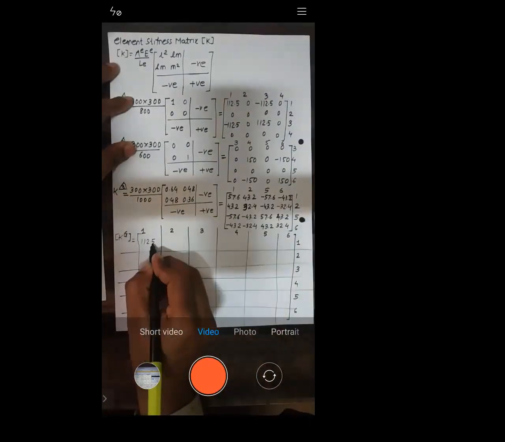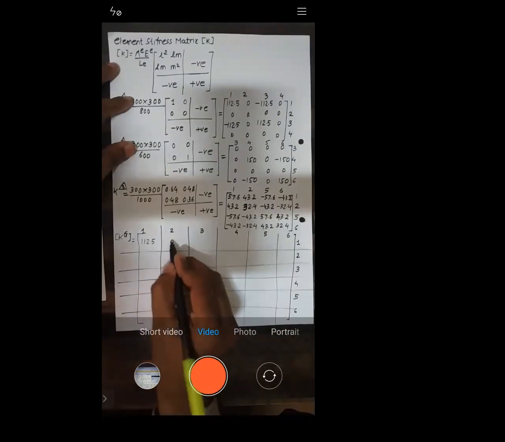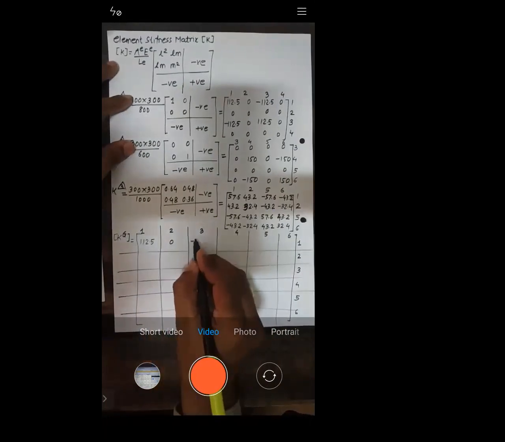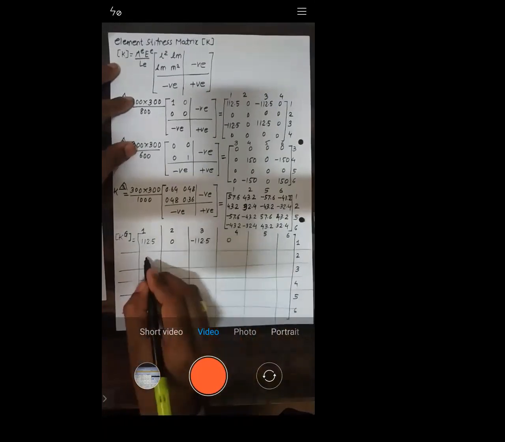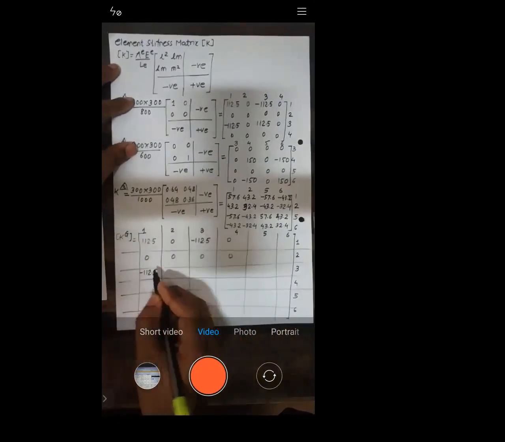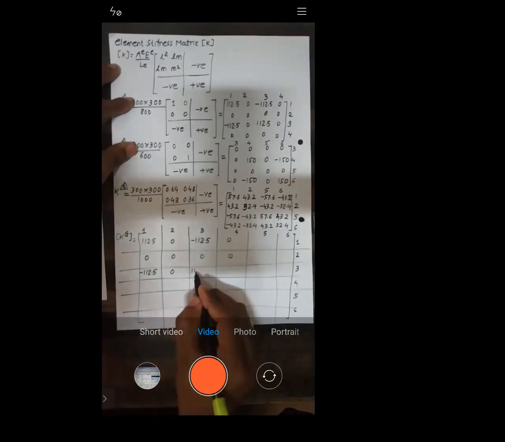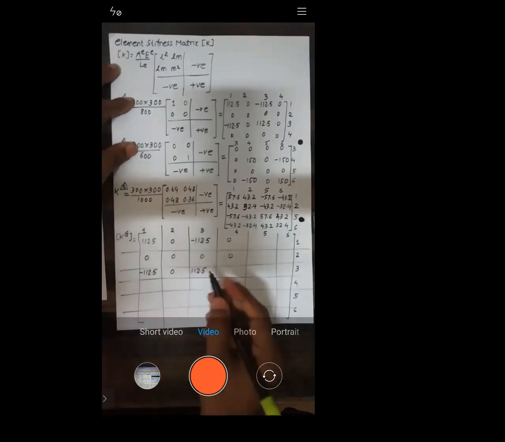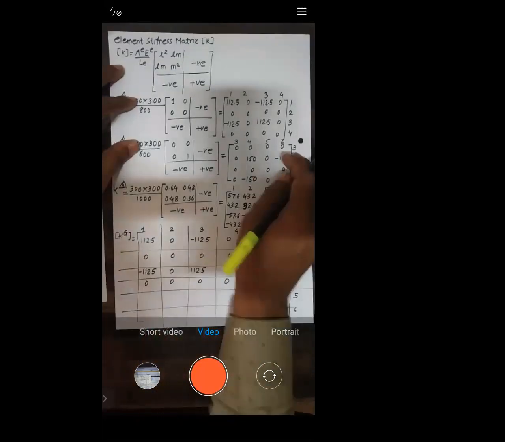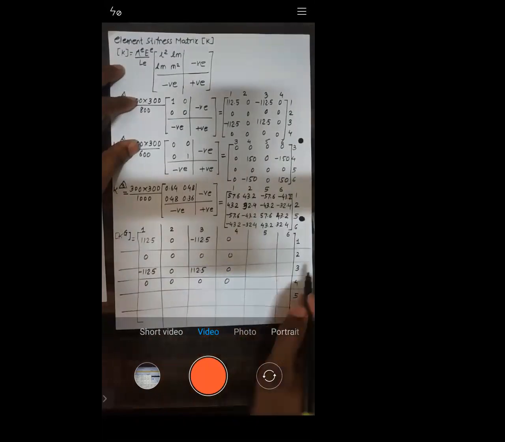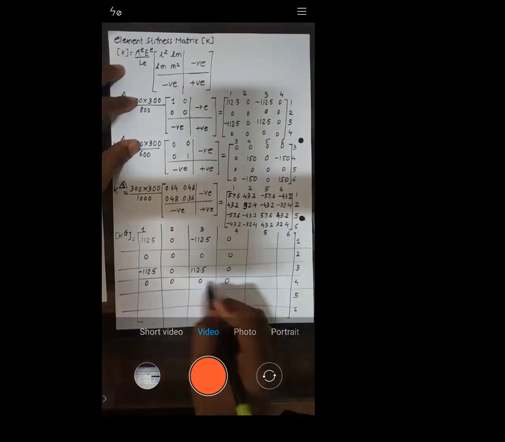112.5, 0, minus 112.5, 0, 0, 0, then 0, 0, minus 112.5, 0, 112.5, 0, 0, 0. This is 1 2 3 4. Just pick 3 4 5 6. So get the starting point, that is 3 3. 3 3 is the starting point from where you will start.